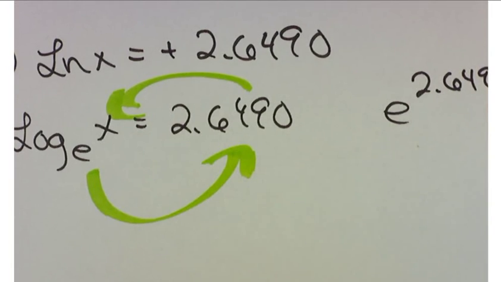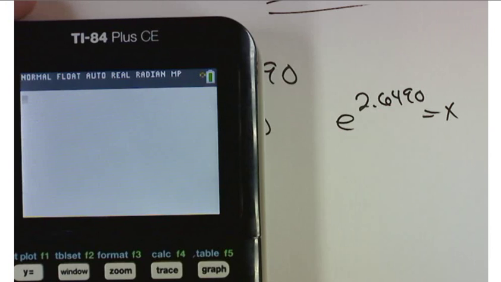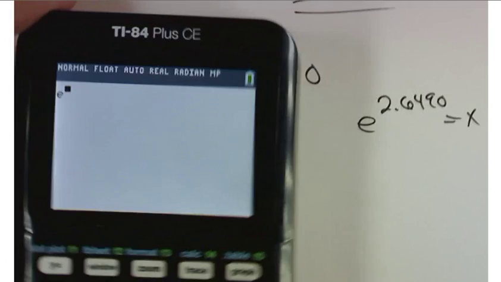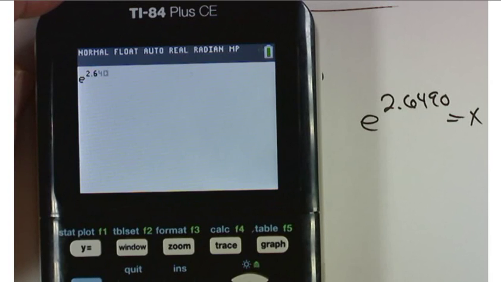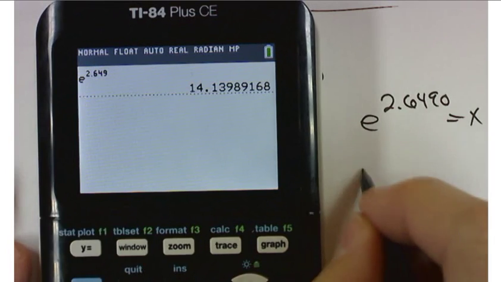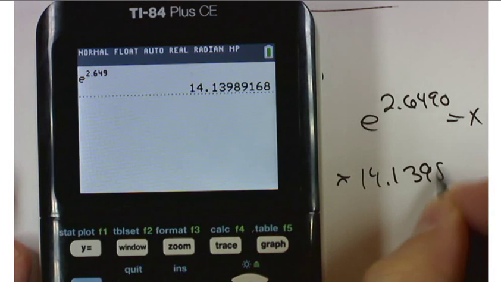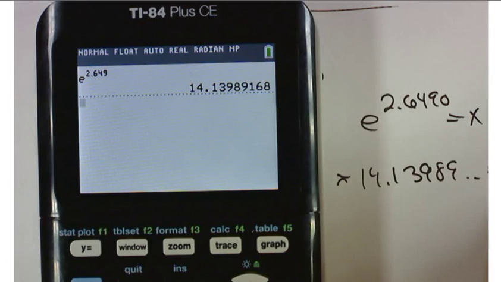So all I have to do is do e to that power. And that's a feature that's even built into your calculator. So second function, ln, e to the 2.649, about 14.13989, etc. for x.